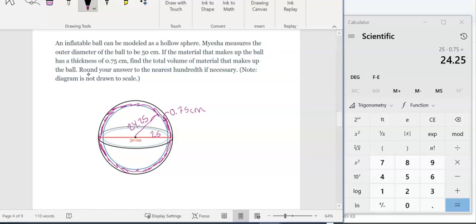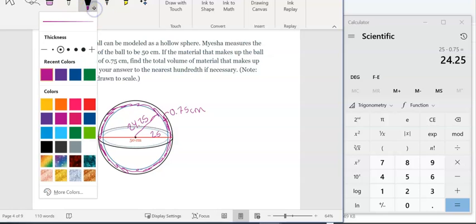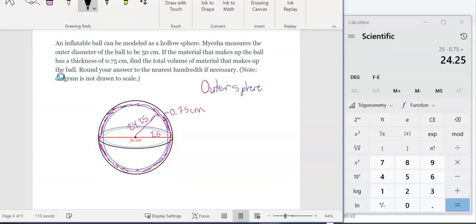So then we just have to find the volume of the outside sphere and the volume of the inside sphere, and subtract them to find the amount of material we would need. So first let's do the outer sphere, and that's going to be 4/3 pi r to the third power, which is 25.